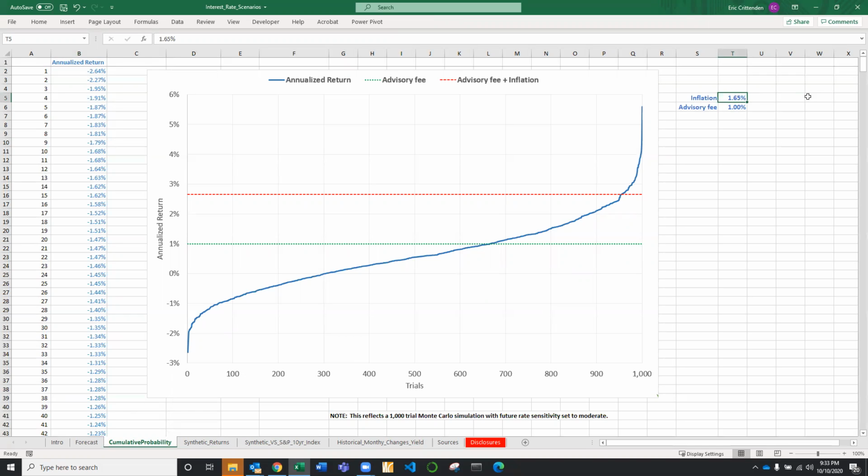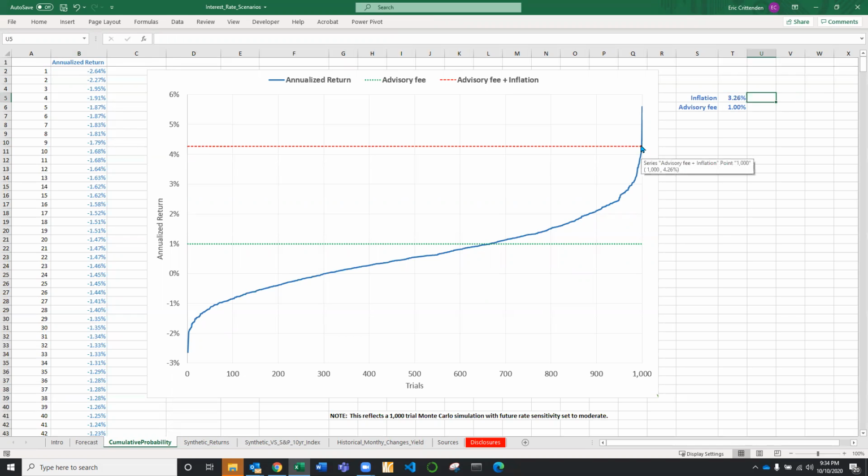So if you're in the inflation camp and you think inflation is going to normalize back to its historical average of 3.26%, you can make that change and you'll see that the break-even point for investors goes higher. In fact, that appears to be the 99th percentile. So what that's saying is if you invest in the 10-year Treasury bond and you pay an advisor 1% to do it and inflation is 3.26%, you've got a 99% chance of having a negative real rate of return.